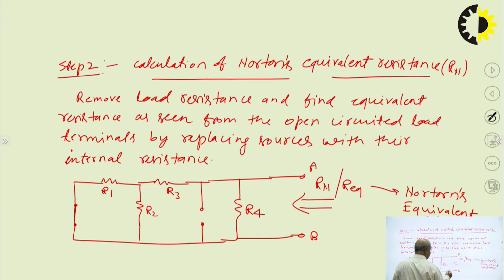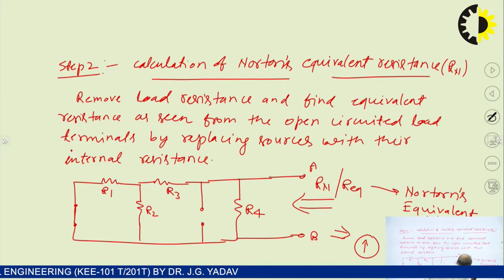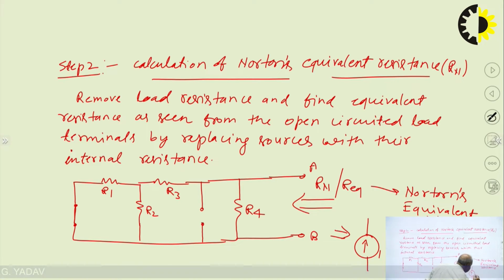So now we have found our Norton's equivalent current, and we have found our Norton's equivalent resistance. So we can say that our Norton's equivalent circuit will be like this: a current source IN in parallel with Rn, and this is Norton's equivalent, and here will be our load, and our load was R5.